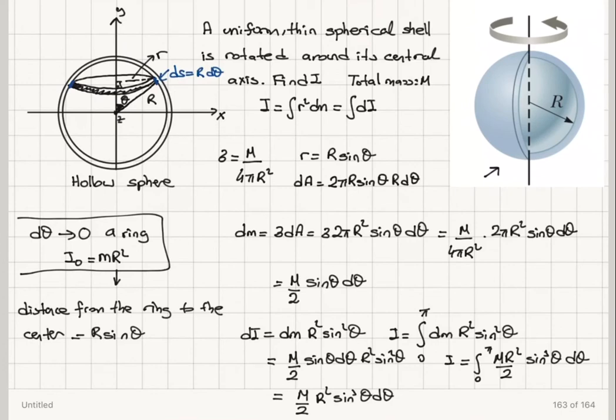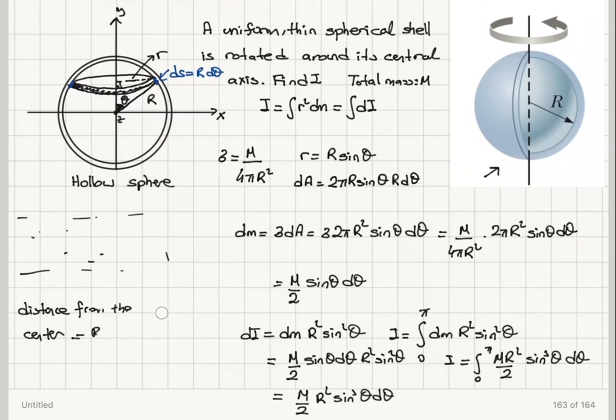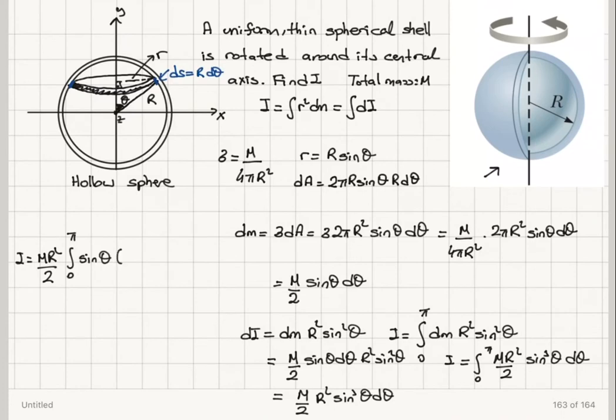Okay, so let's open up some space here in order to calculate this integral. So what I need is this integral from 0 to pi sine cube theta, which can be written as sine theta times sine square theta, which is 1 minus cosine square theta d theta. So this is mr squared over 2.